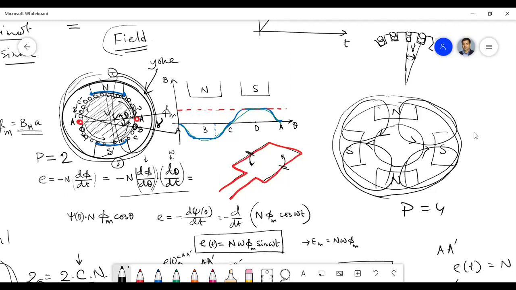Remember, this field is a component of the DC machine. This is the component which you can feel, you can touch. This is not an abstract noun.